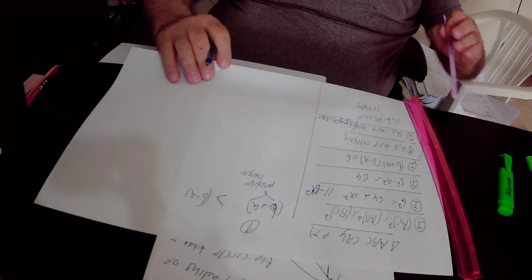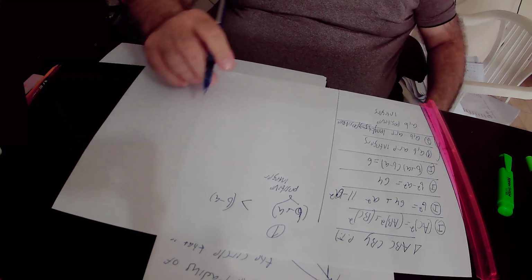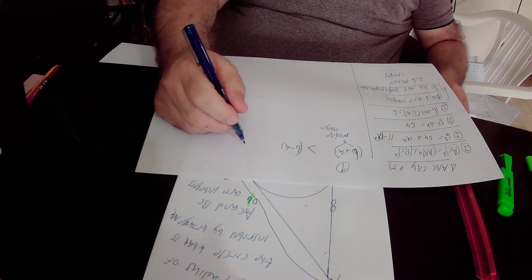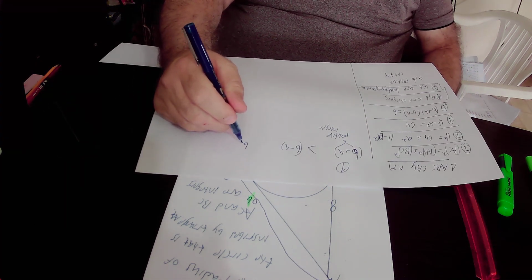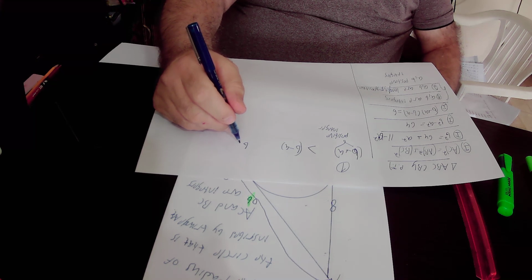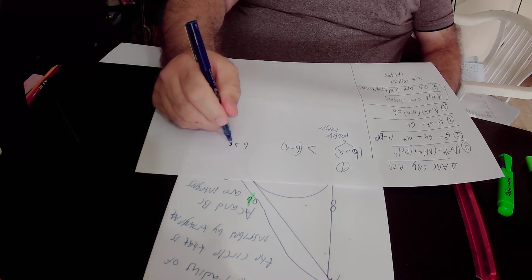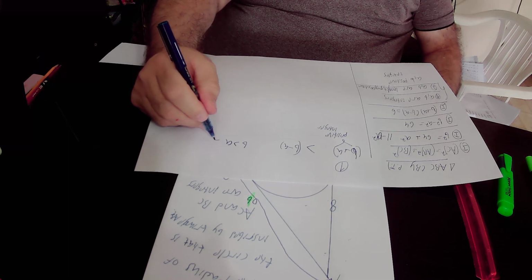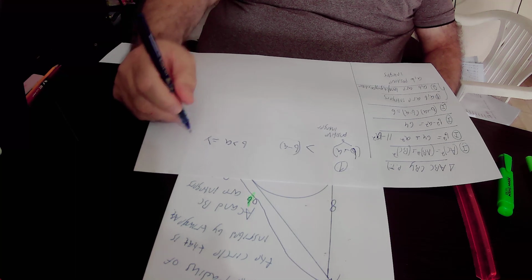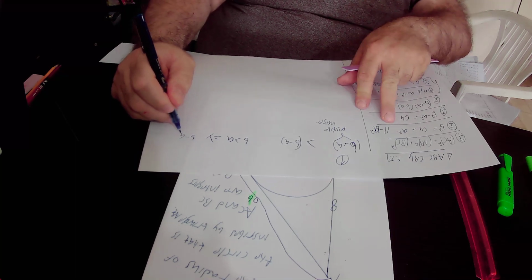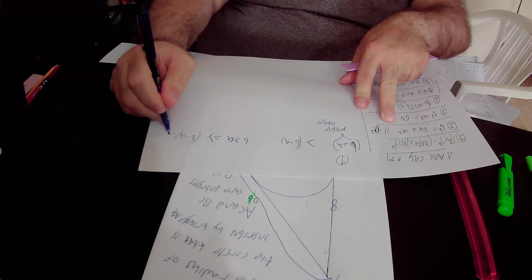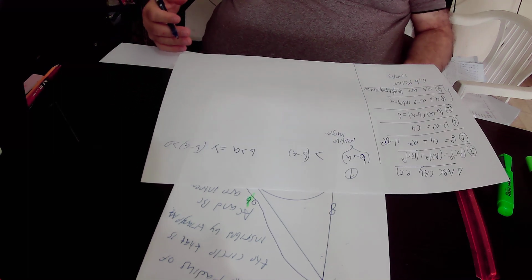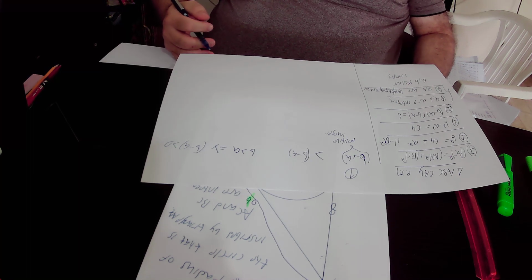So B plus A is greater than B minus A, and we also know that B is the hypotenuse of the right triangle, and the hypotenuse is greater than any side of the triangle, so B is greater than A. We subtract A from this inequality, and we get that B minus A is greater than 0. That is to say, B minus A is a positive number.